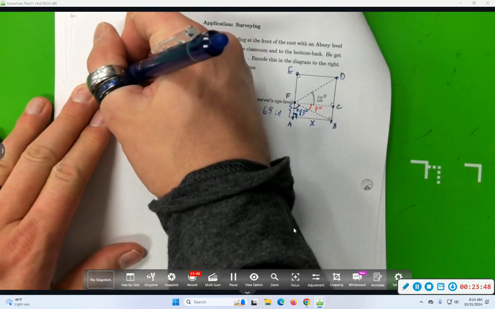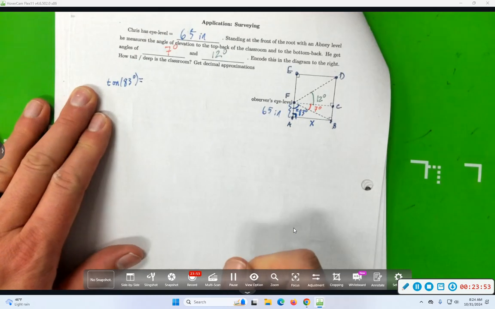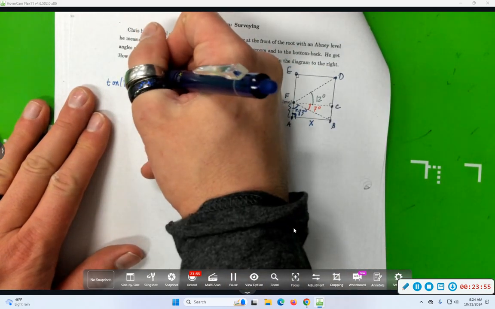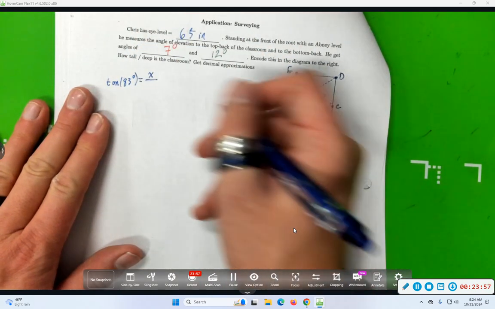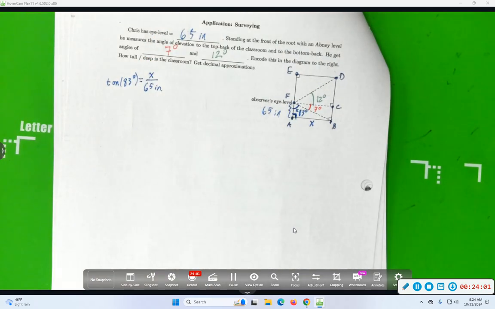So it looks like we'll get tangent of 83 degrees is equal to opposite over adjacent. That look like something we could solve for x.